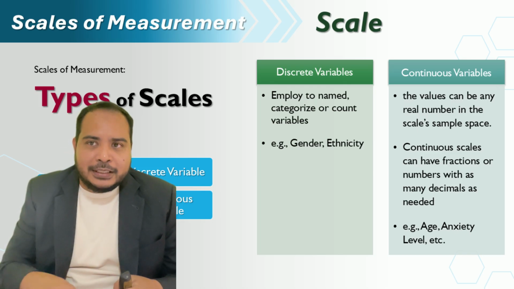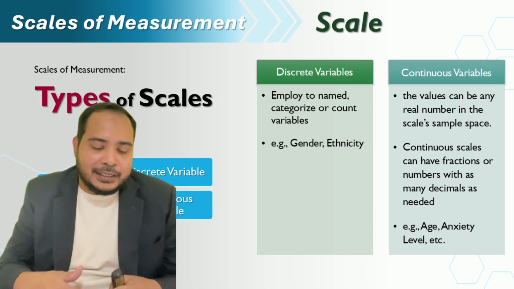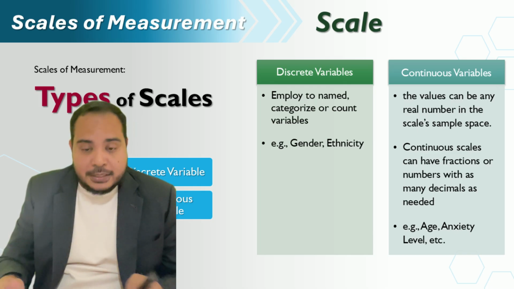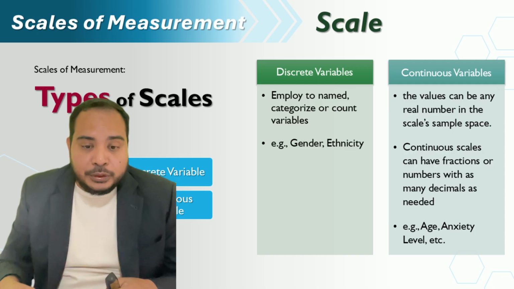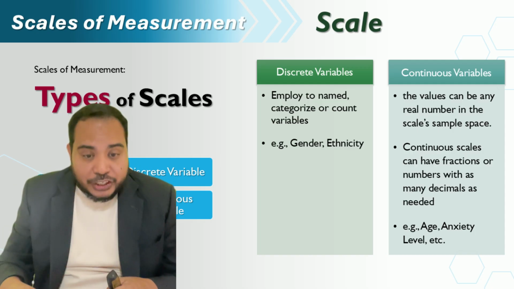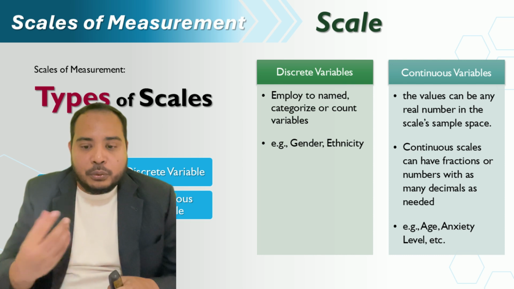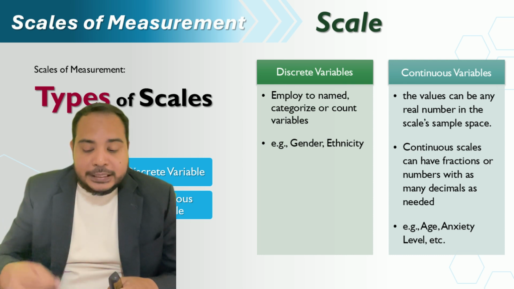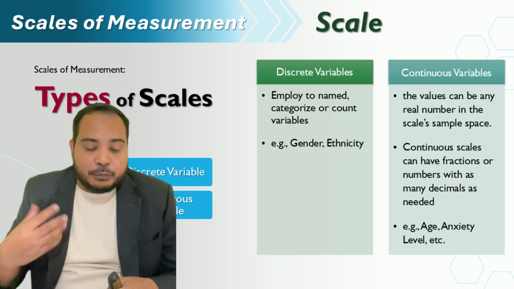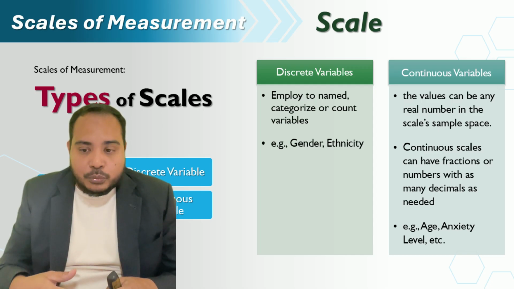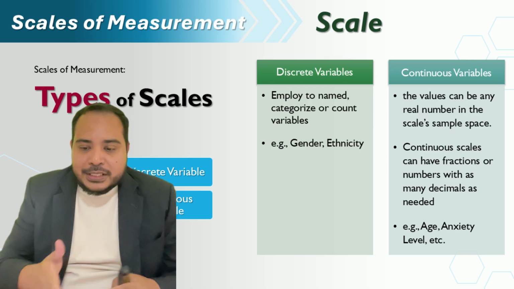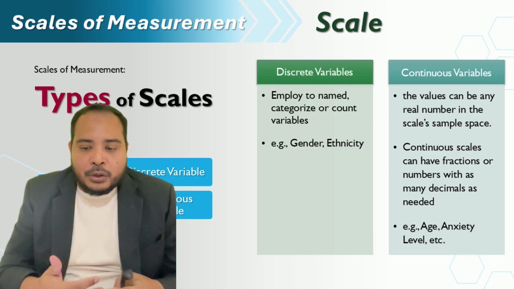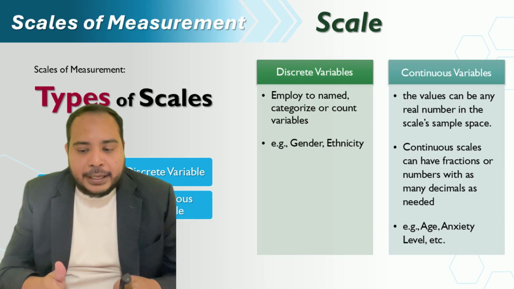If they put 35.2, maybe they are 35 years old and 2 months. But usually for age we don't have this fraction. We have the exact age. We ask them how old they are and to write it down. So writing down their age represents a continuous variable.